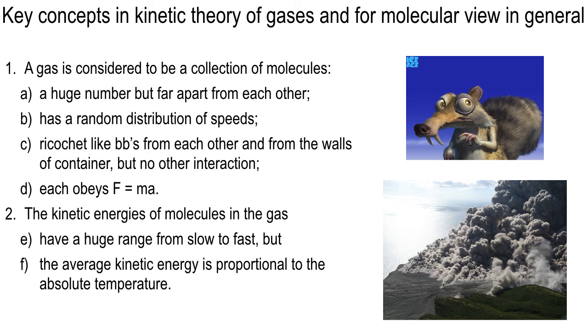Okay, so you have really fast ones, you have really slow ones, but you don't have a whole lot of those guys. But you have a huge peak in the number of molecules at the average and near the average. So, now, what is absolute temperature?